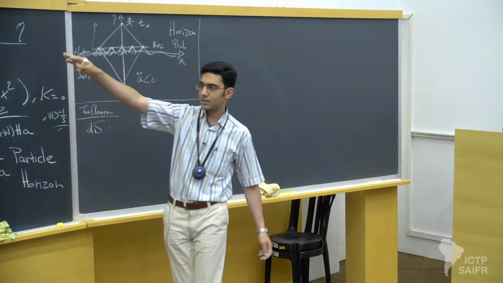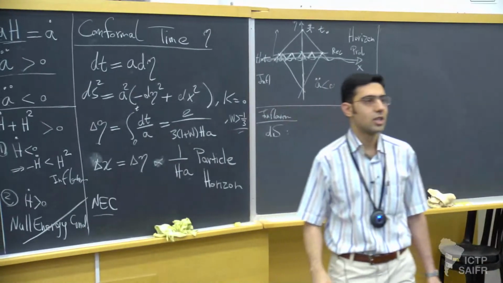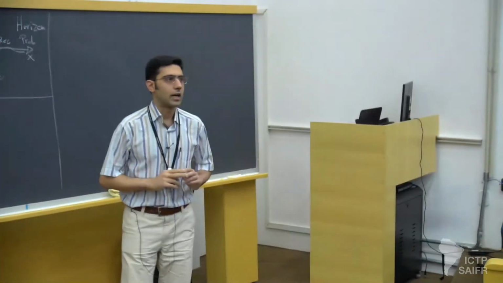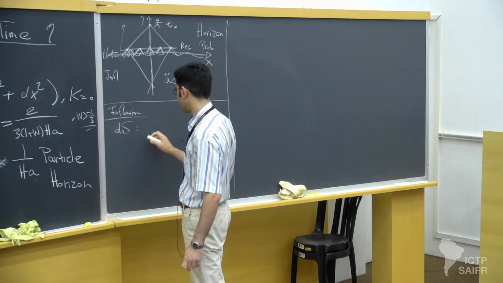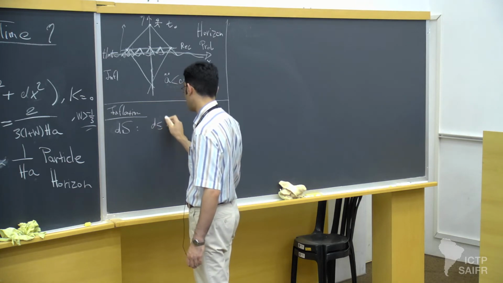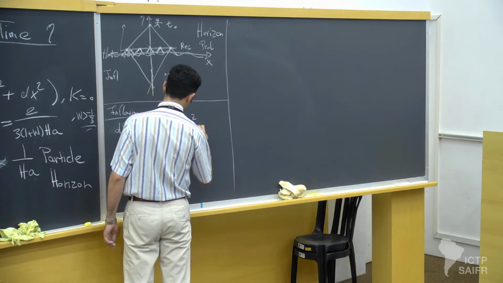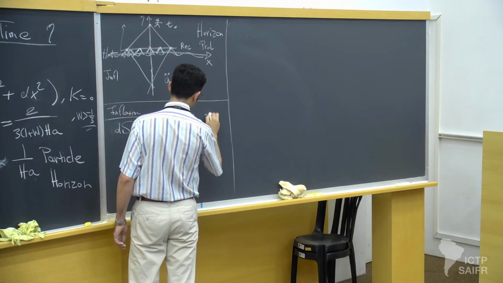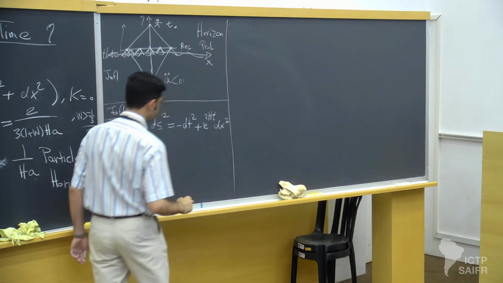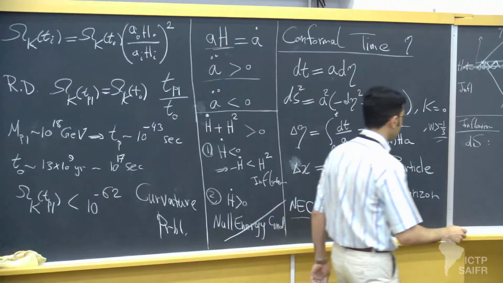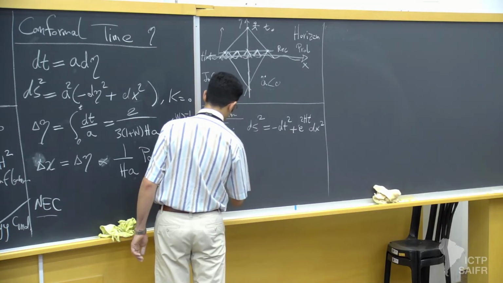If we consider this FRW cosmology, but only with lambda and nothing else in it, then that would give us a solution which is minus dt squared plus e to the 2Ht times dx squared, where H is just a constant related to the cosmological constant.